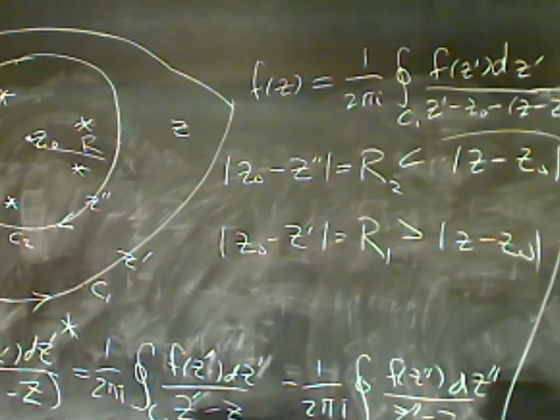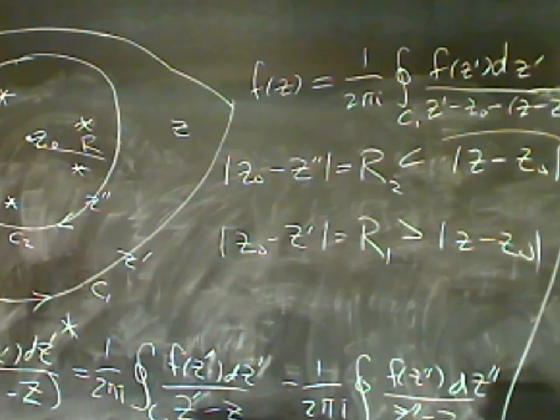And another power series, m equals 0 to infinity, 1 over z minus z0 to the m plus 1, 1 over 2 pi i, integral around C2, z double prime minus z0 to the m, f of z double prime dz double prime.